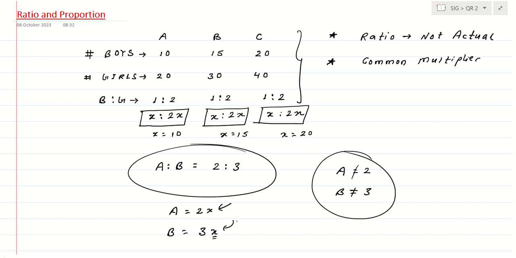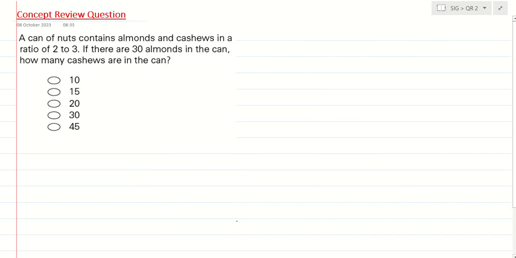So let's try to understand the questions based on ratio, the kind of question they ask in GRE. Let's go ahead. Look at this question. A can of nuts contains almonds and cashews in a ratio of 2:3.